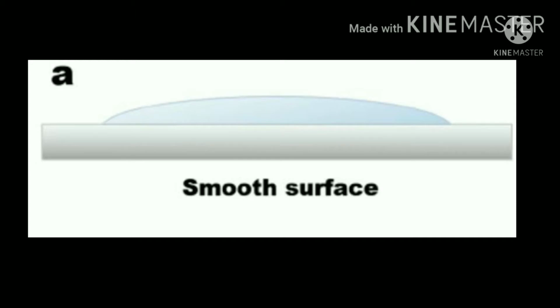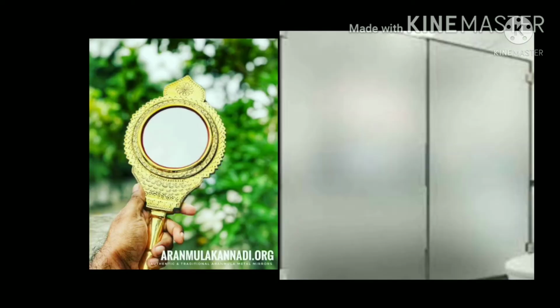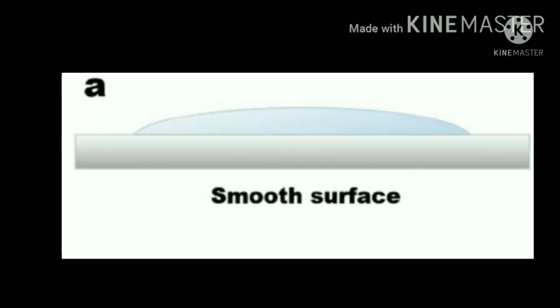Can you say an example of a smooth surface? That means mirror or glass, isn't it? A smooth surface reflects a parallel beam of light incident upon it in one direction. This kind of reflection is called regular reflection. See this picture.